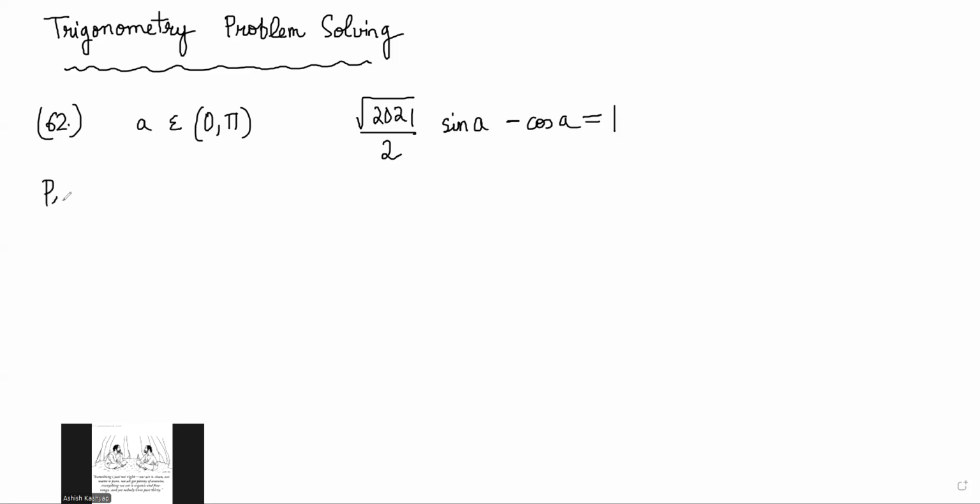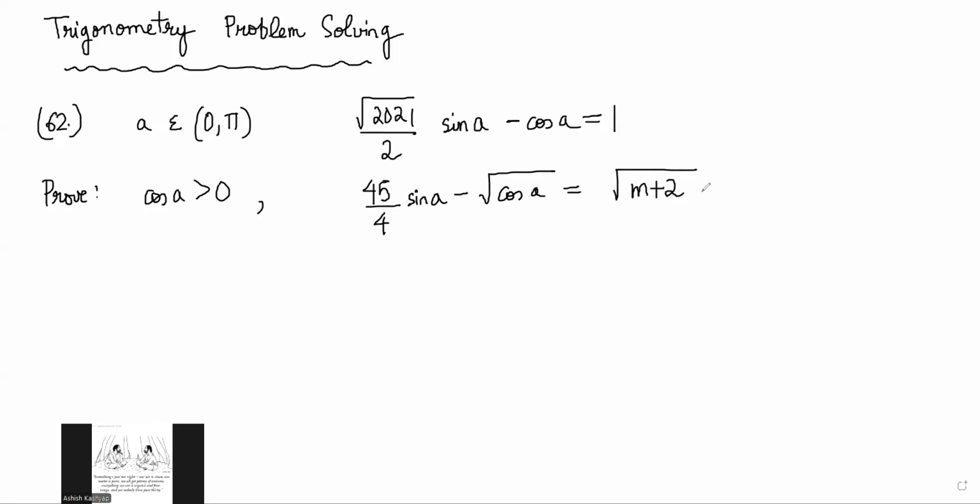And you have to prove that cos A is greater than 0 and 45 by 4 sin A minus root of cos A is equal to root of m plus 2 minus root of m minus 2 whole divided by n, for some positive integers m and n which are greater than or equal to 2.